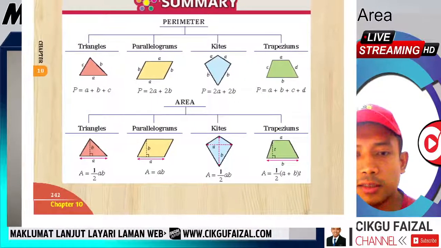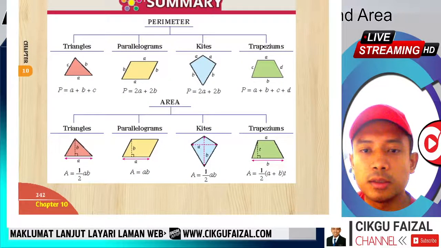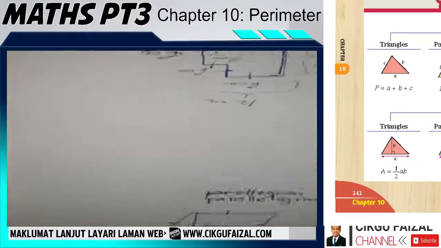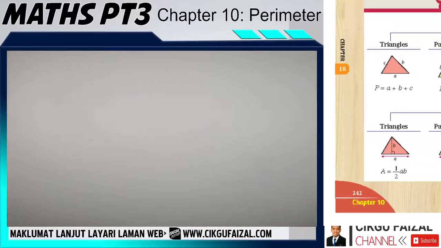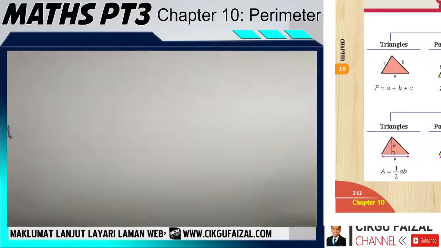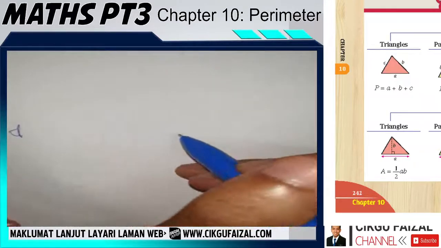So kites have a similar technique to calculate using the triangles formula. Okay, and then we look at trapezium. We look at how to calculate the area for trapezium. Let me draw how the trapezium looks like.